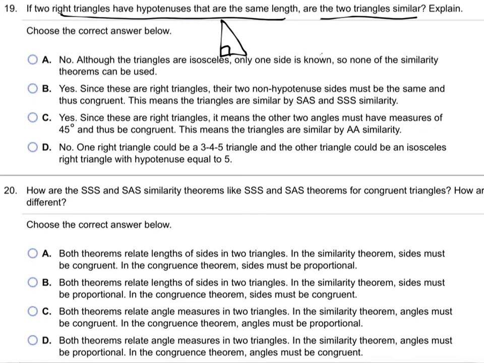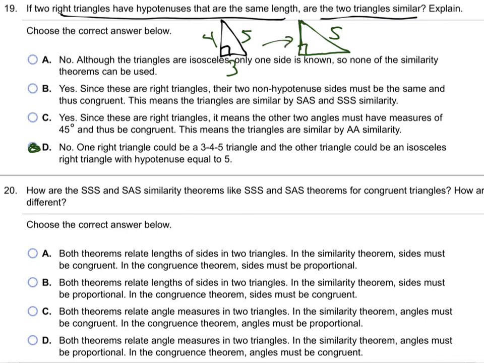Well, here, let me make them look different. The answer to this is no, because one could be 3, 4, 5, and the other could also have 5, same hypotenuse, where these are not 3, 4, 5. Does that make sense?